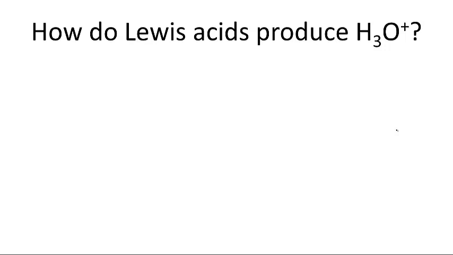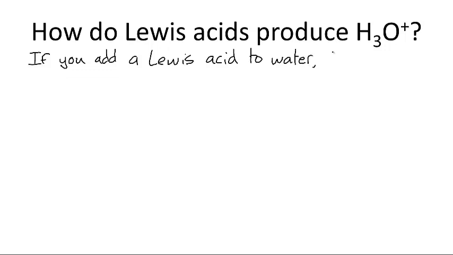So if you add a Lewis acid to water, water will bond with it. The classic example, the one we're going to see the most in our calculations involving H plus, will be aluminum 3 plus ion.